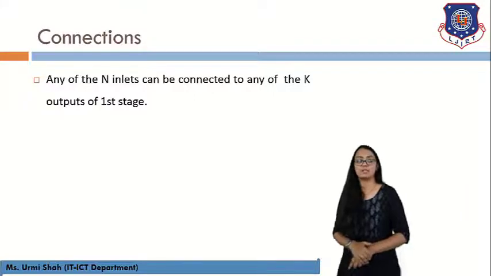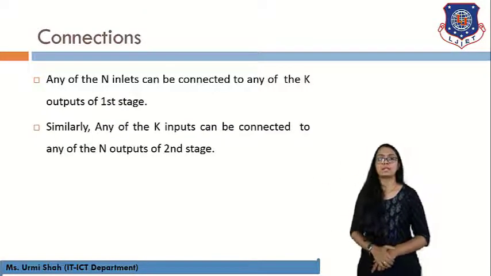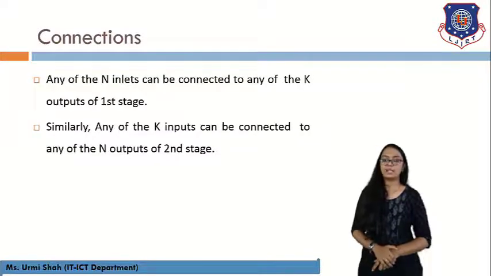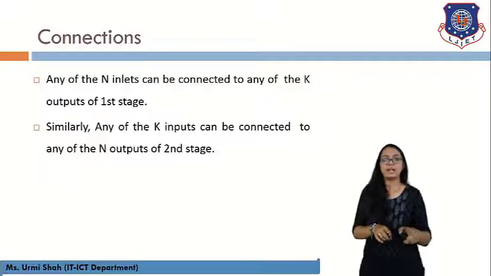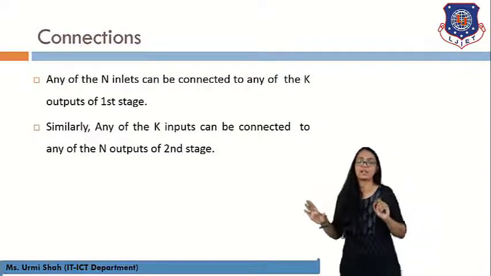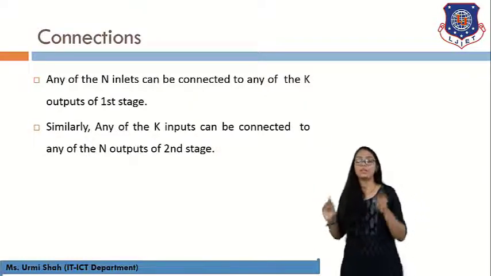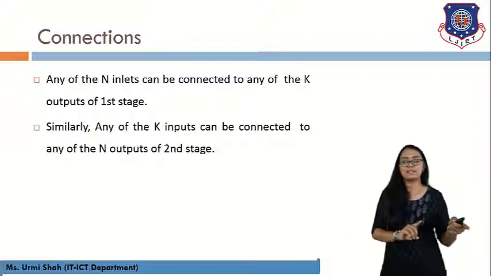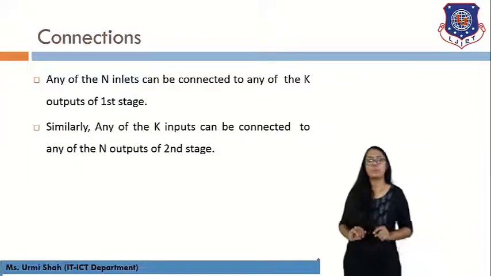This connection is created according to feasibility. Similarly, any of the K inputs can be connected to any of the N outputs of the second stage. After the first stage, you can connect an N inlet with any of the K outputs, and similarly for the second stage, any of the K inputs can connect with any of the N outputs.